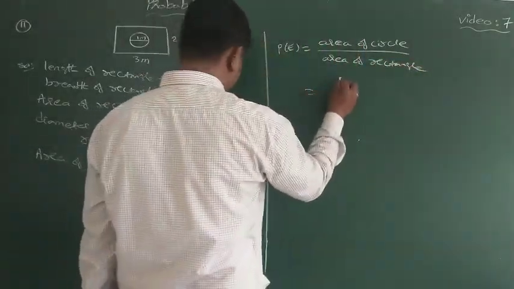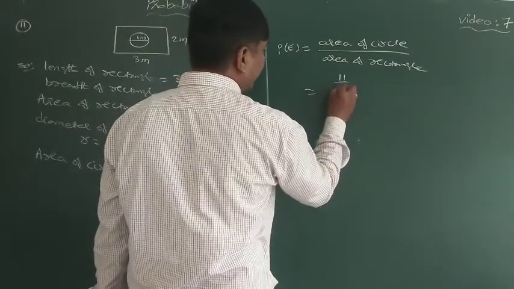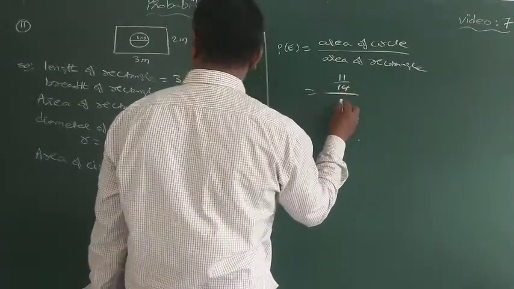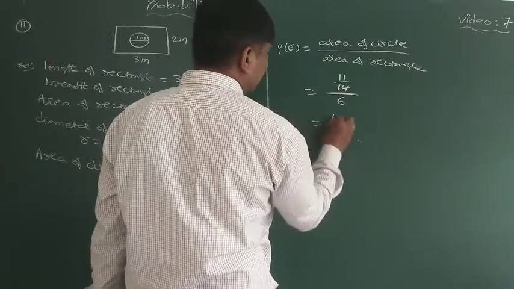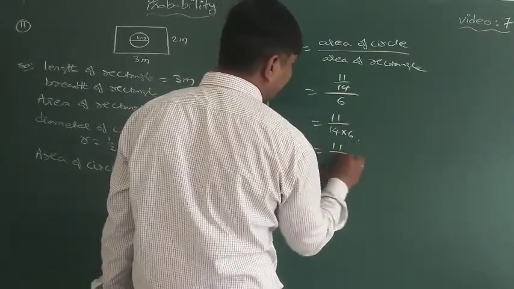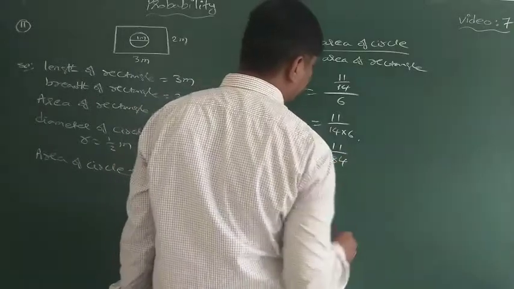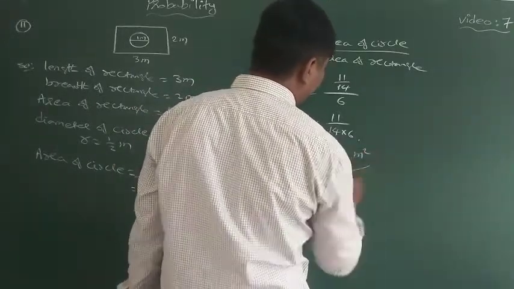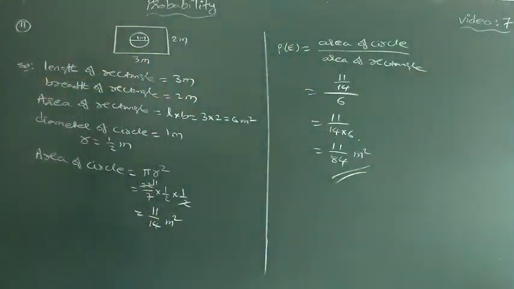That is equal to 11 by 14 by 6, that is 11 by 14 into 6, 11 by 84. The probability of the event is equal to 11 by 84. In case any calculation mistakes are there, please check once.